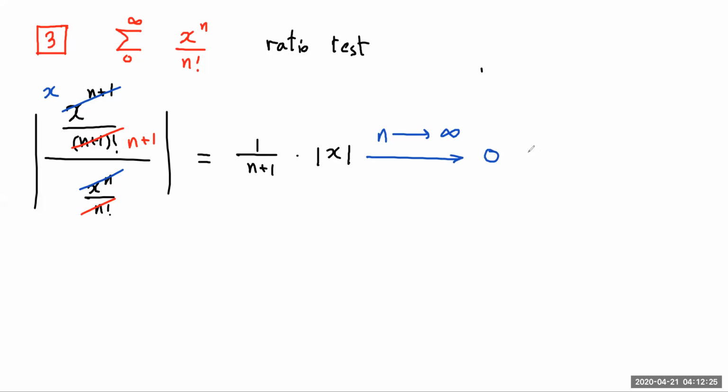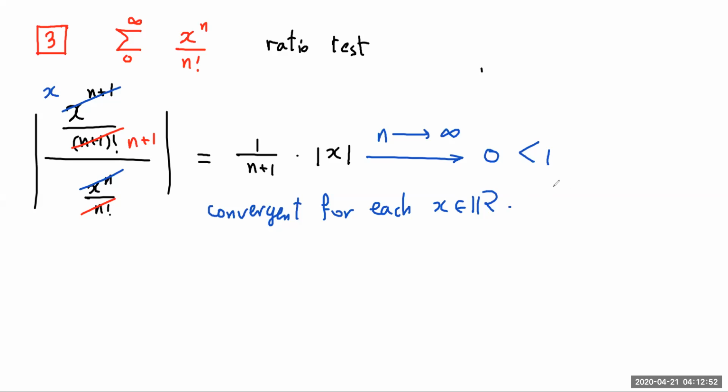So this is always less than 1 for each x. So it is convergent for each x real number.